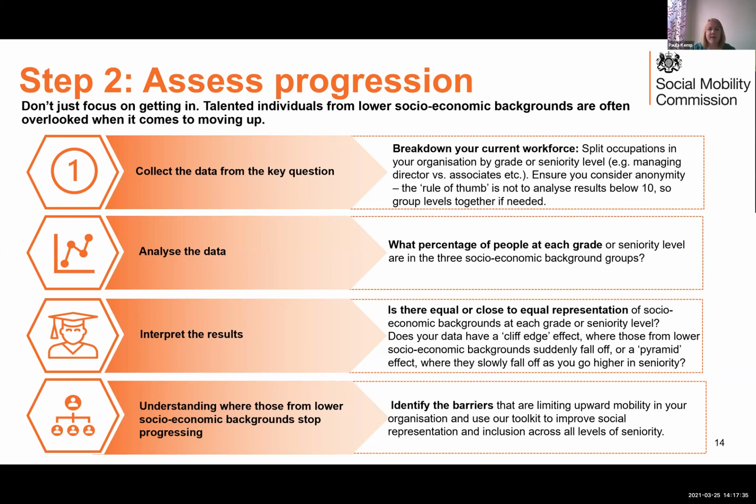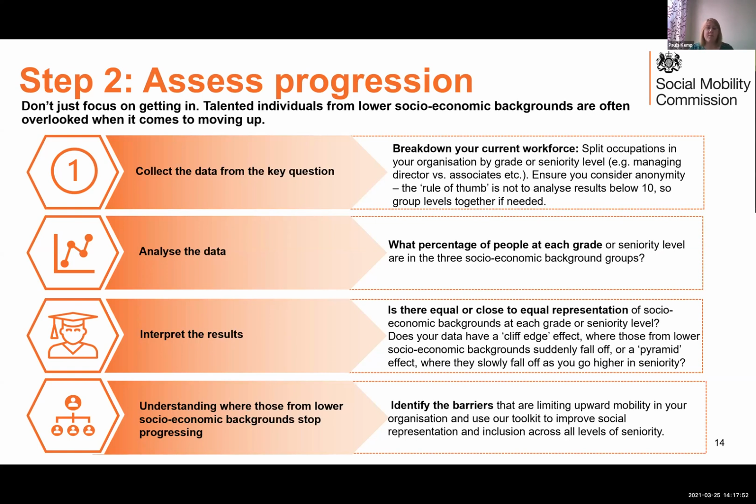And have a think about how you might understand what barriers there might be that are limiting those that are getting into the organisation from moving forward. And you can also consider speed of progression.